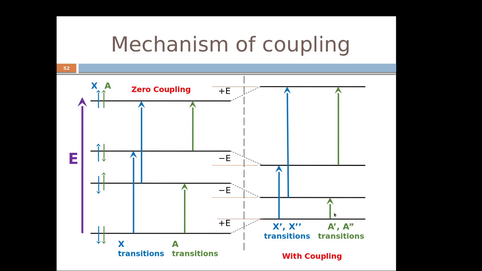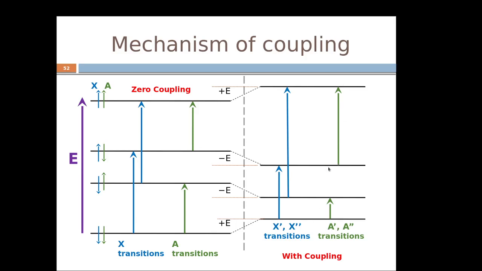Similarly, if you look at the A transition, you have a lower energy transition here and a higher energy transition here, which are respectively called the A prime transition and A double prime transition. Because A couples with X, we see this effect.